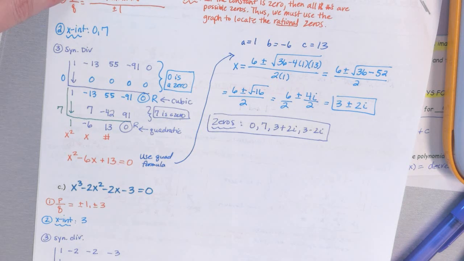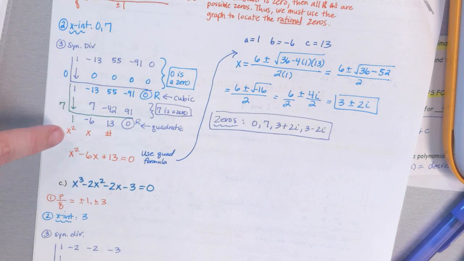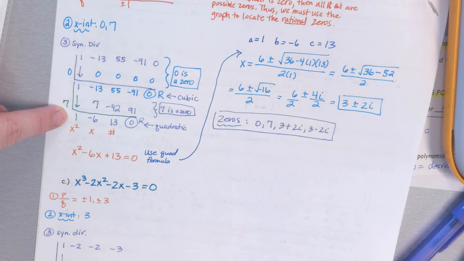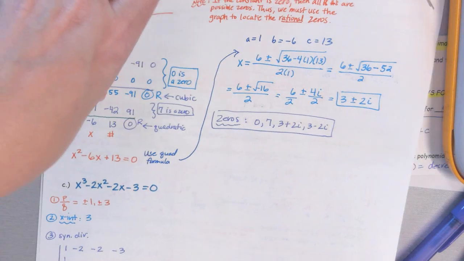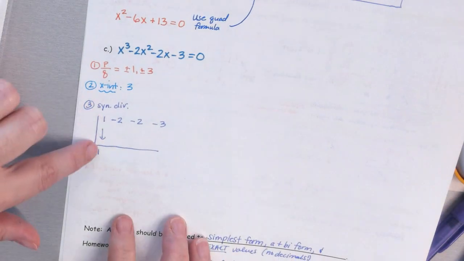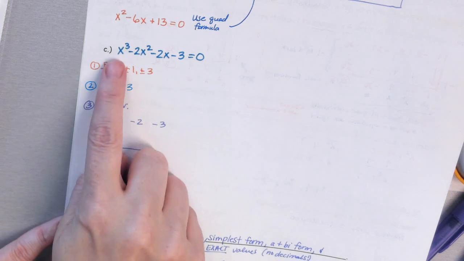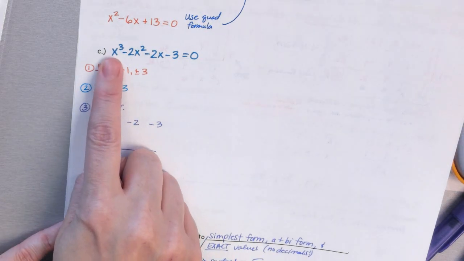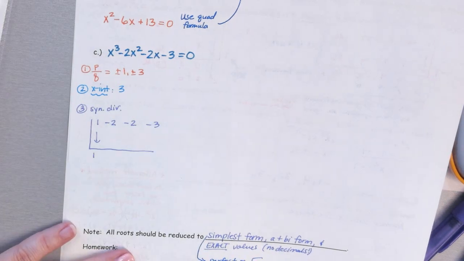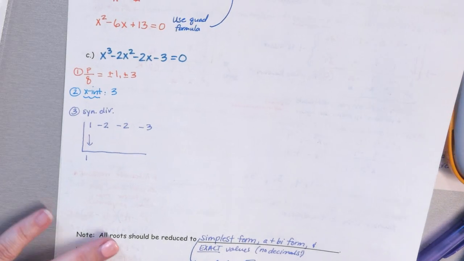If you divide x to the 3rd by x, it drops down to x squared. So it's a quadratic, and once you have a quadratic, you can solve it. So you only have to do synthetic division 1 time here, because x cubed divided by an x is going to be x squared, which is a quadratic.